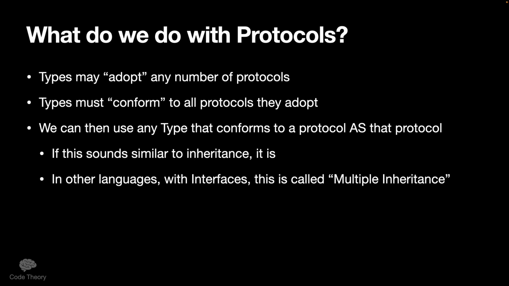So what do we do with them? Whenever you want to use a protocol, you have a type of yours, such as a struct or an enum or a class. Those are the three types that can adopt protocols. They adopt a protocol, and types can adopt any number of protocols. In a way, this looks a lot like inheritance, right?